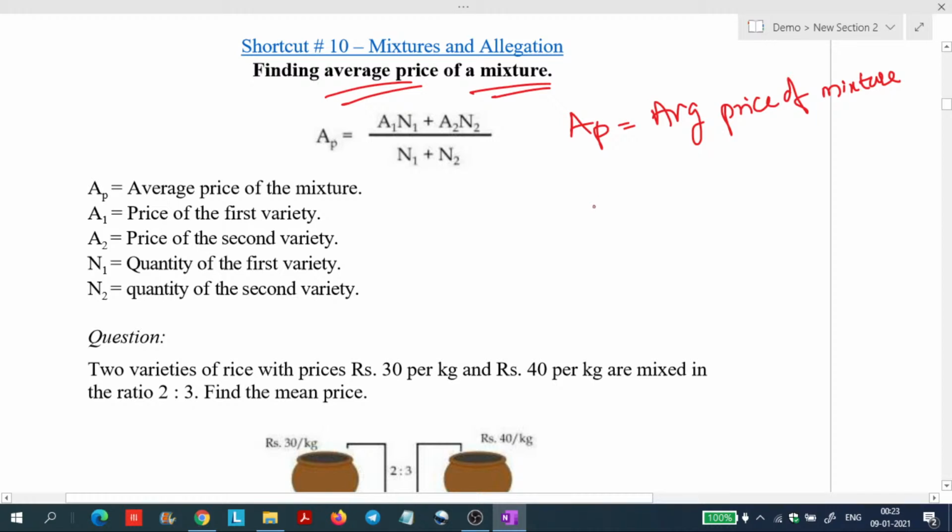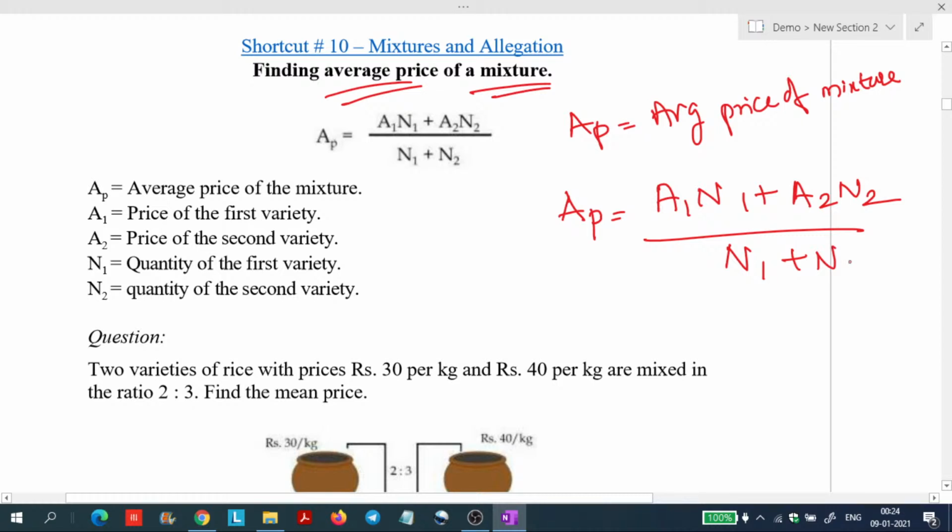A1 is the price of the first variety, A2 is the price of the second variety, N1 is the quantity of the first variety, N2 is the quantity of the second variety.